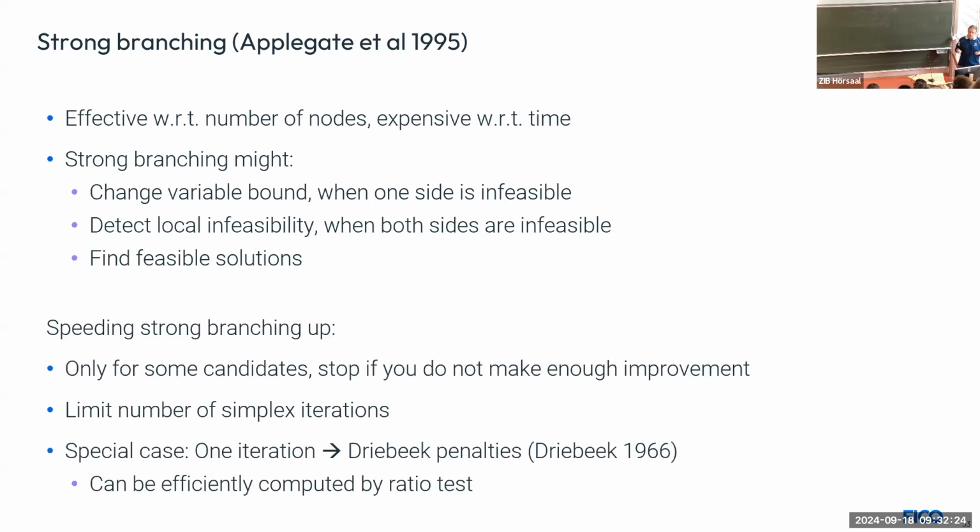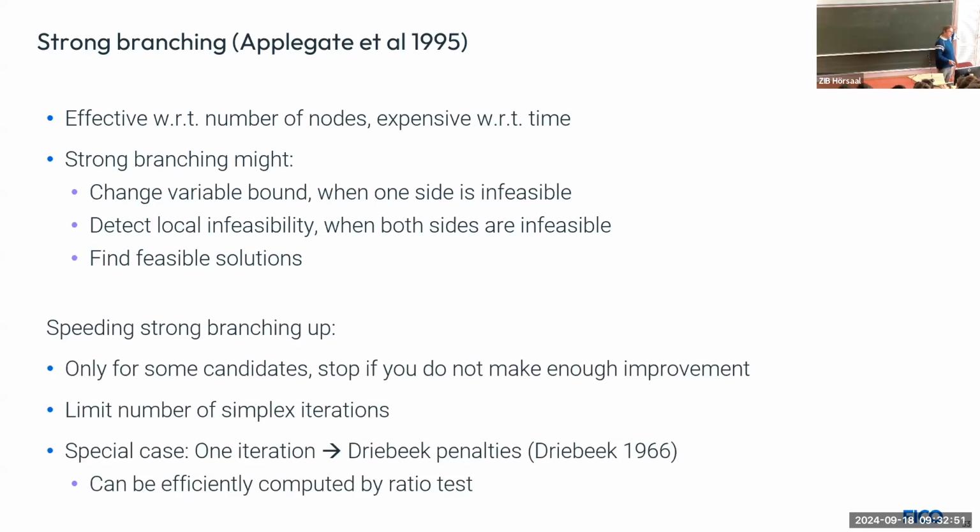And there are numerous ways how you can speed up strong branching. You can only apply it for some of the candidates, potentially when you don't see an improvement for some time. The one that you have might not be optimal, but decent enough. You can limit the number of simplex iterations, so don't solve these strong branching LPs to optimality. A very special case here is doing a single simplex iteration.